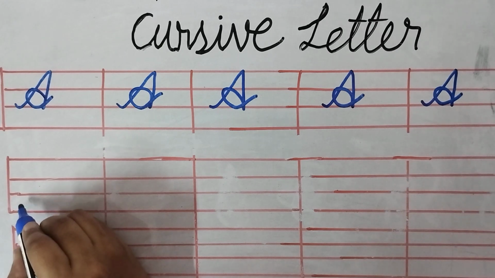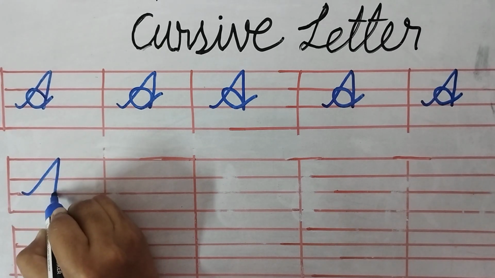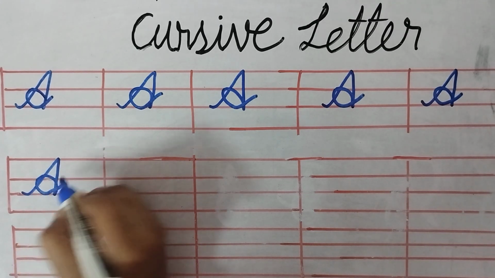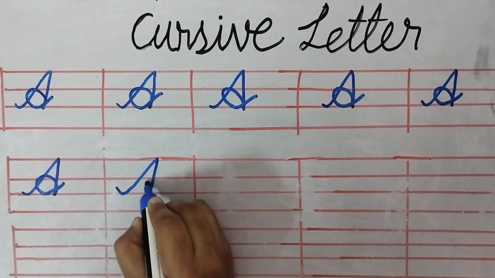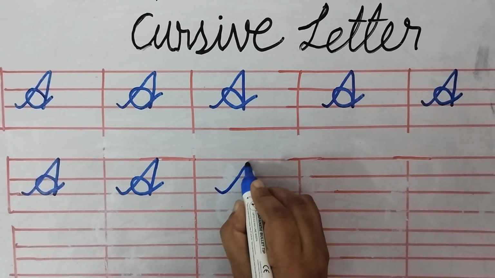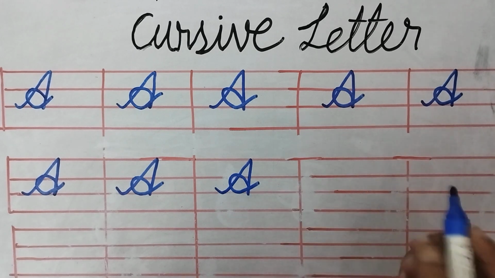Okay. Slanting line, somewhat one more slanting line, then curve like this. Like this. Okay.